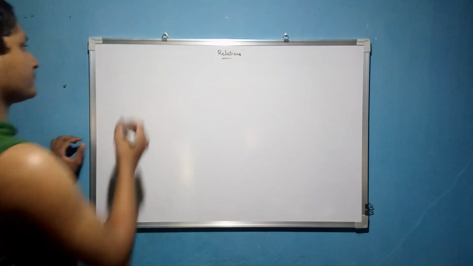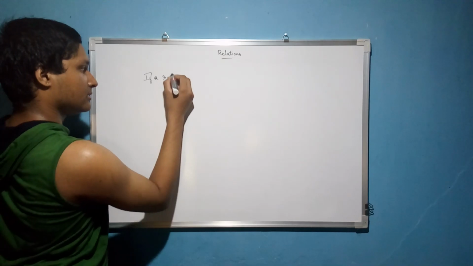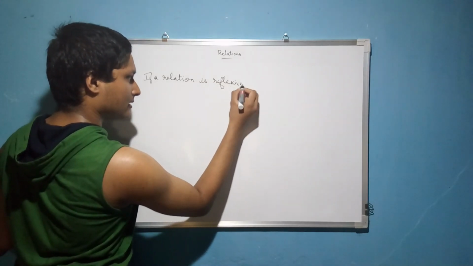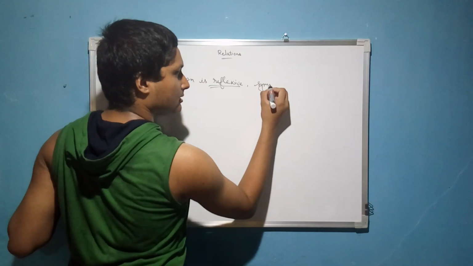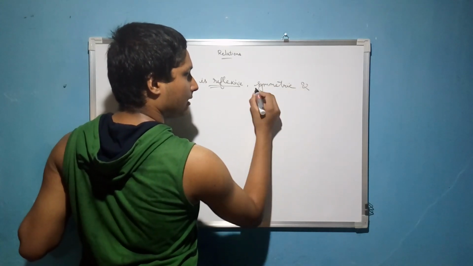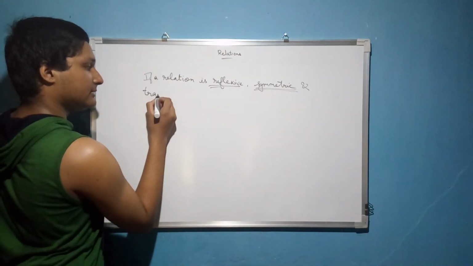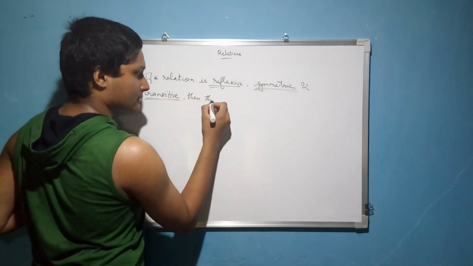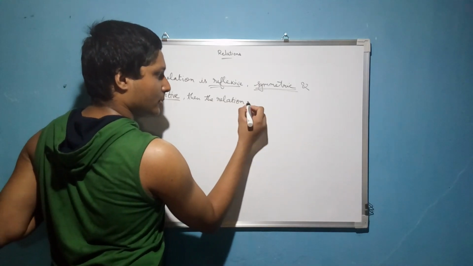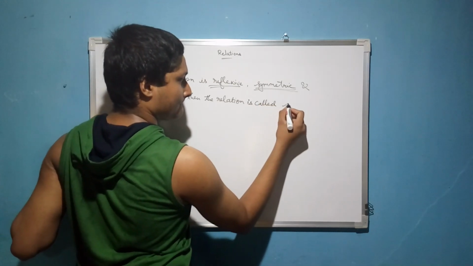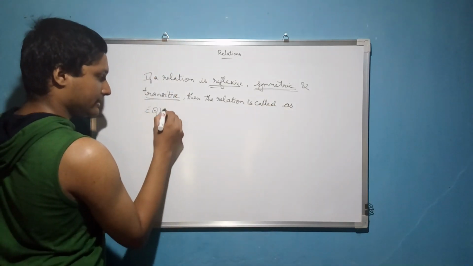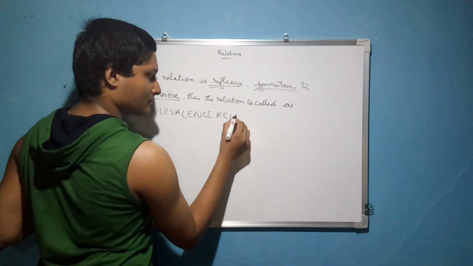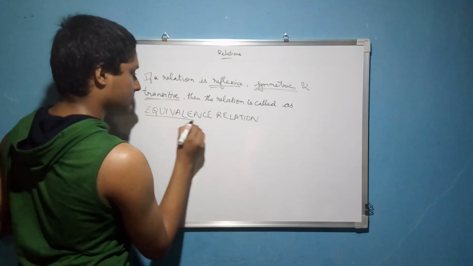If a relation in a set A is reflexive, symmetric and transitive, all the three cases should arise, then the relation is called an equivalence relation.